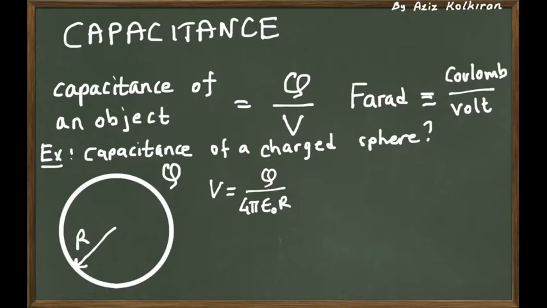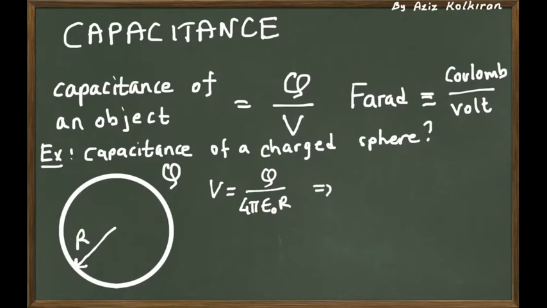Whether its inside is full or empty doesn't matter. The potential only depends on the radius and the charge Q. So its potential is Q divided by 4 pi epsilon 0 R. This 1 over 4 pi epsilon 0 is just K, the Coulomb constant.